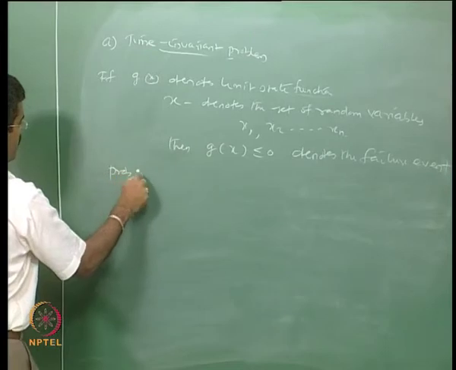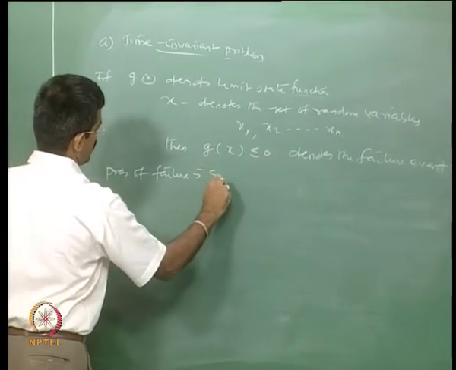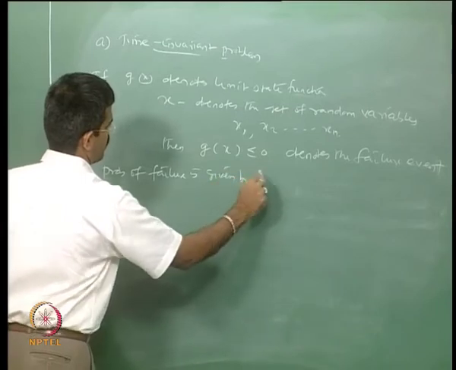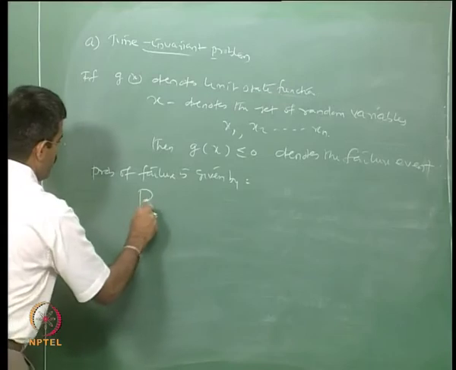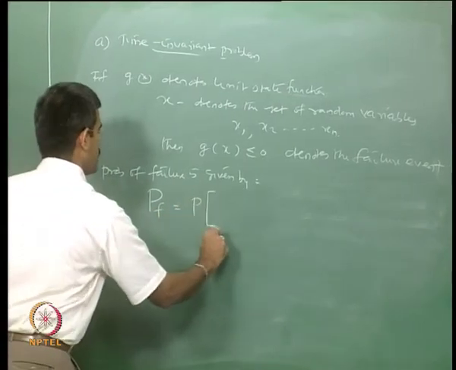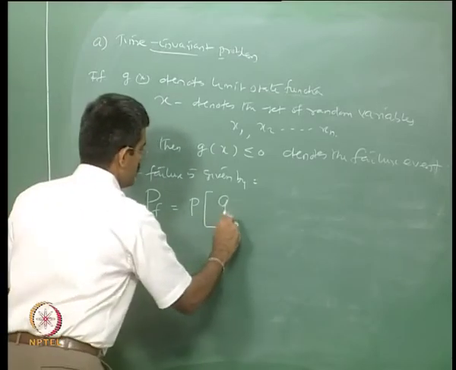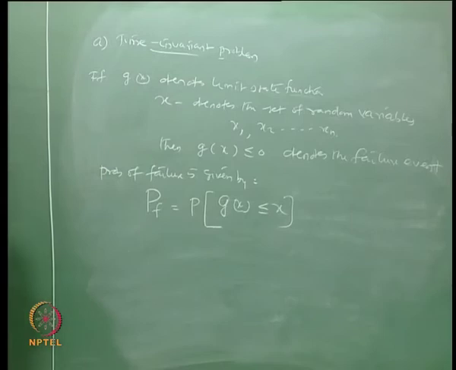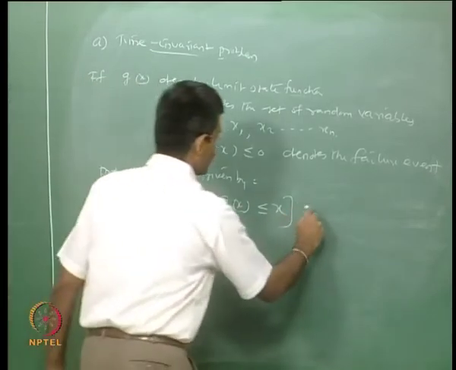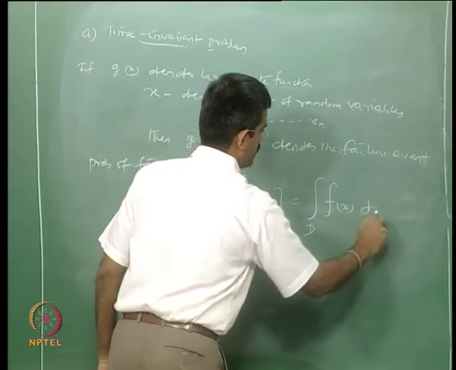The probability of failure is given by Pf, the probability of g of x less than or equal to 0, which is nothing but the integral of f of x over the domain D, dx.